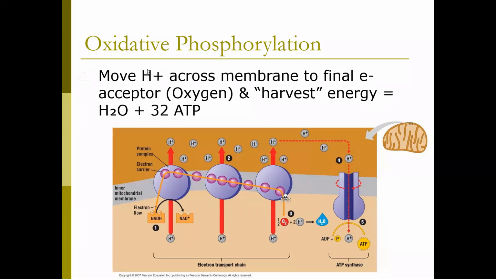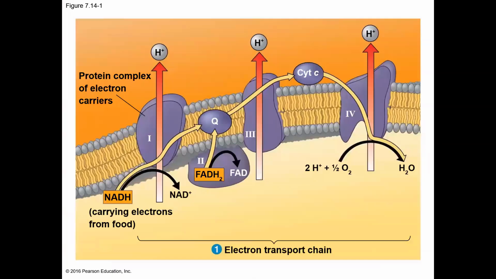The movement of hydrogen ions across the membrane will eventually allow for those electrons to be dragged through, so they're helping each other. Eventually we're going to end up harvesting that energy to form water as well as ATP. We end up with a lot of ATP in this process, in fact around 32 ATP. So let's go ahead and look at the details.